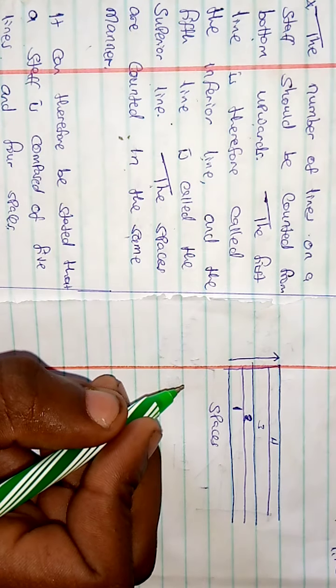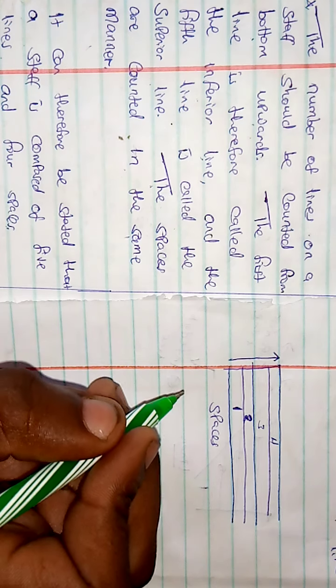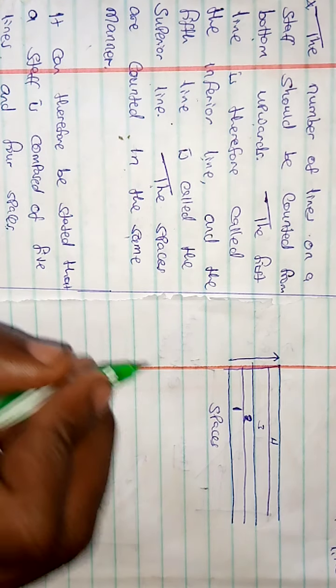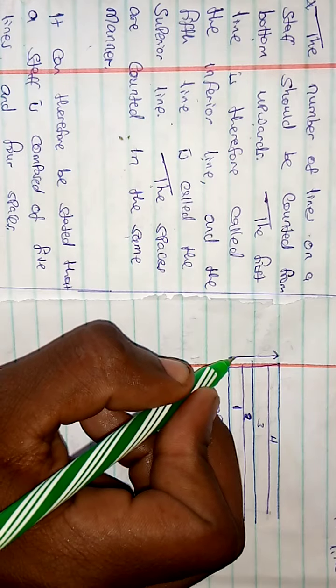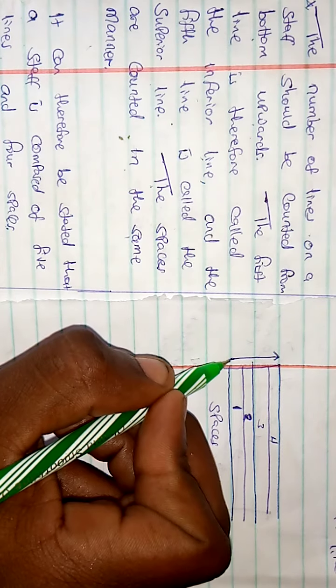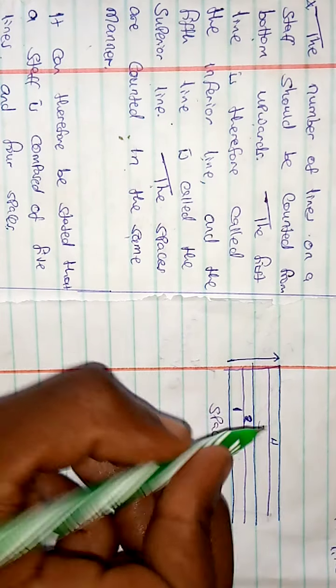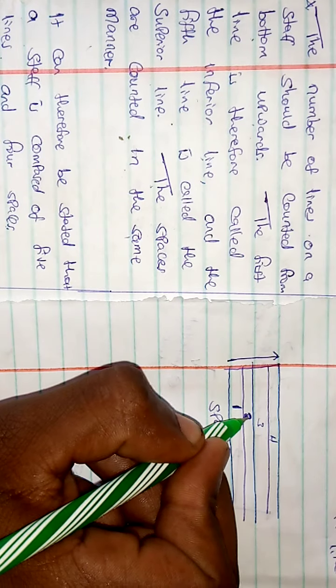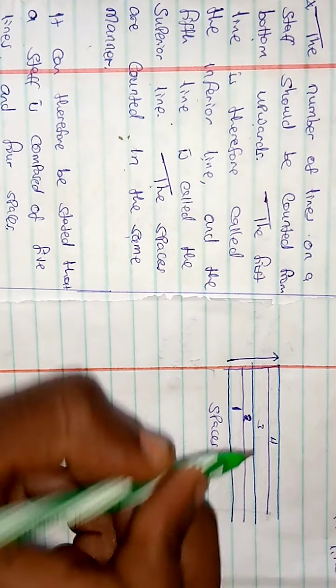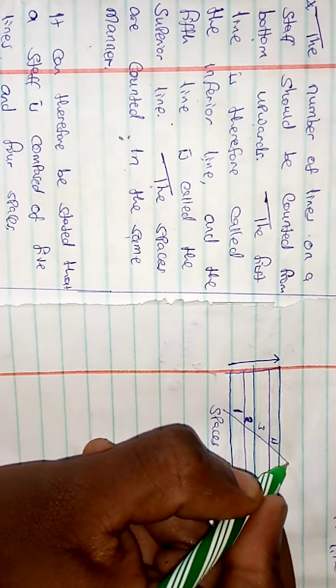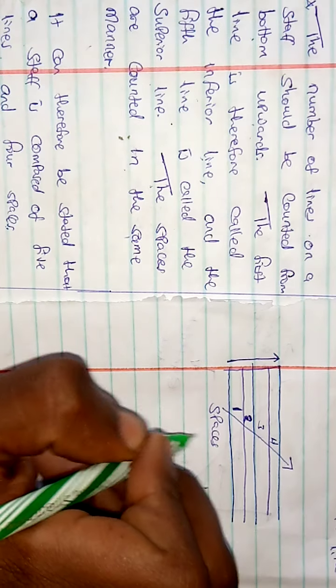The spaces are counted in the same manner, that is from bottom upwards: space 1, space 2, space 3, space 4.